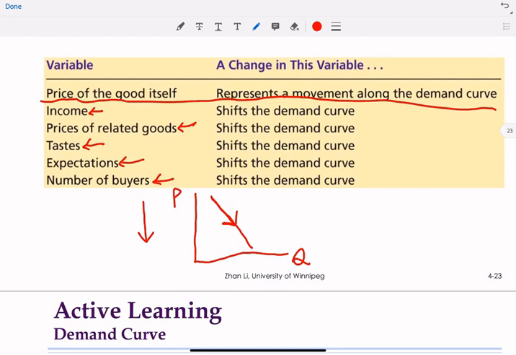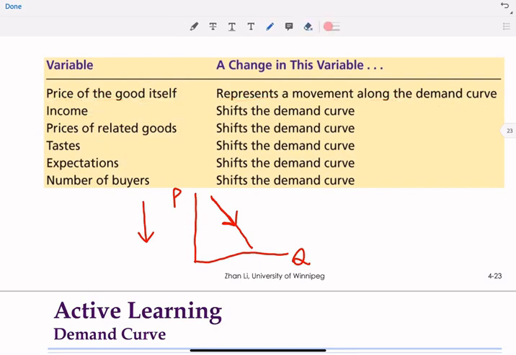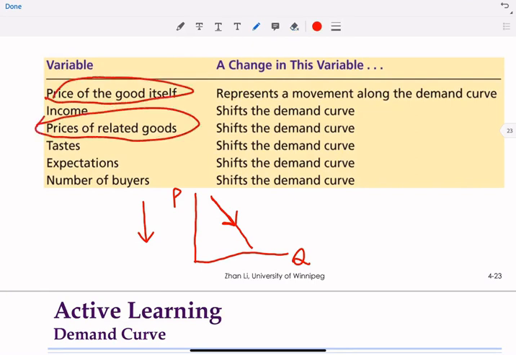You have to check whether it's about the price of the good or about the price of related goods, right? So for the price of the good, move along the demand curve. For prices of related goods, you would shift the demand curve.